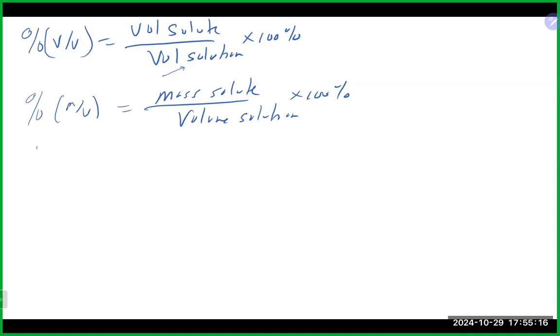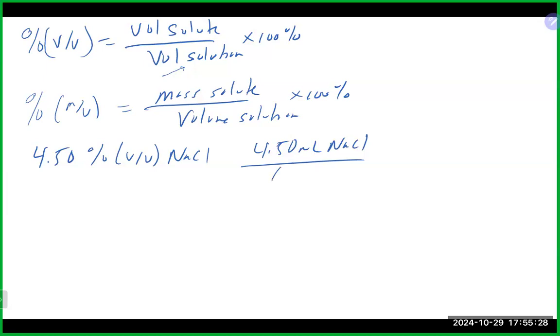So if you had a 4.5% by volume sodium chloride solution, that would mean that you have 4.5 milliliters of sodium chloride in 100 milliliters of solution. Or again, you can flip it around, 100 milliliters of solution and use it as a conversion factor, you would have 4.5 milliliters of sodium chloride. Same thing with the mass to volume one.